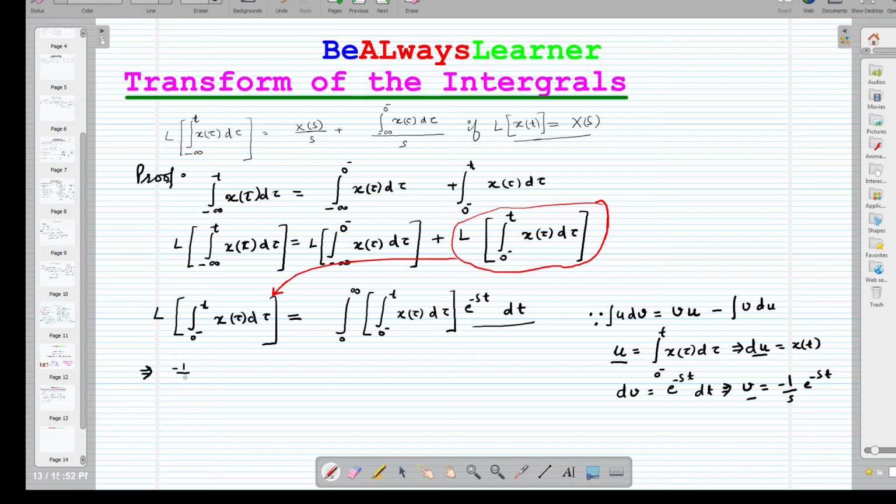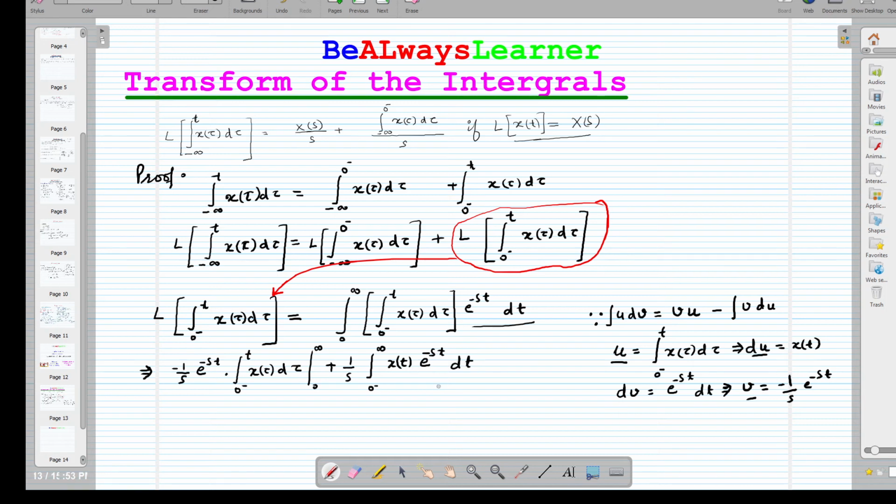It is minus 1 by s e raised to the power minus st, that is the value of v, times the value of u, the integration from 0 negative to t of x(tau) d tau, with the limit from 0 to infinity, plus 1 by s times the integration from 0 to infinity of x(t) e raised to the power minus st dt.